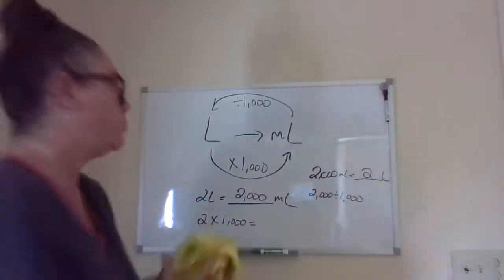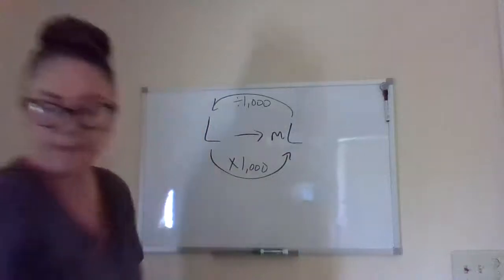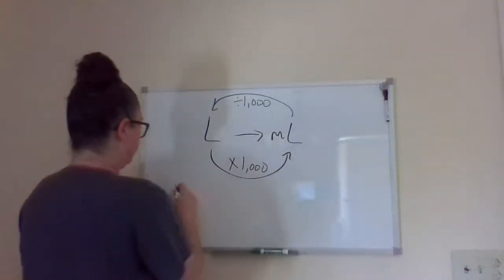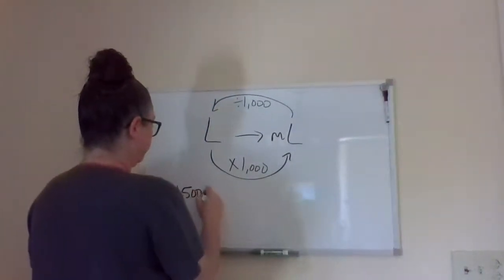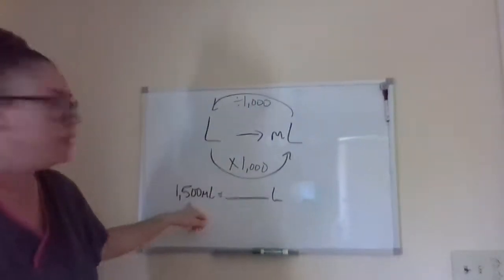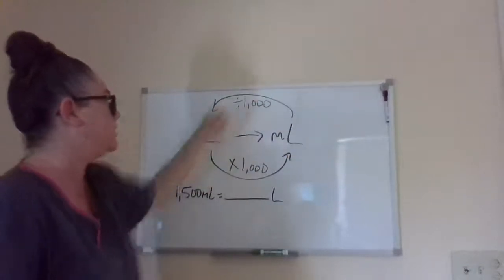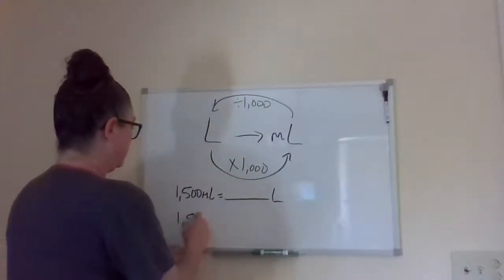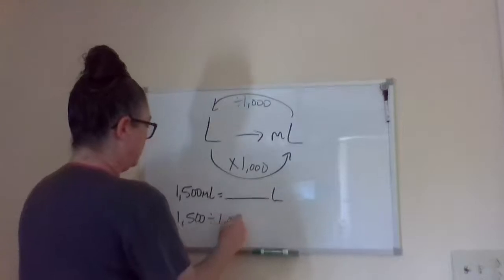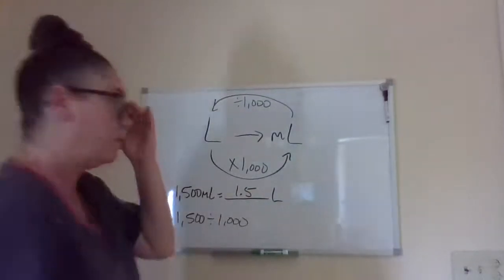We're going to do 2 more of these. So 1,500 milliliters converted to liters. We're starting here. We're going to take 1,500 divided by 1,000, and we get 1.5 liters.